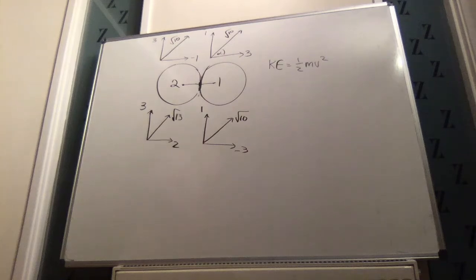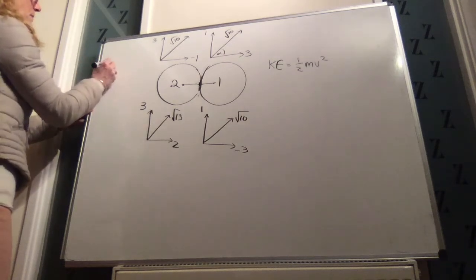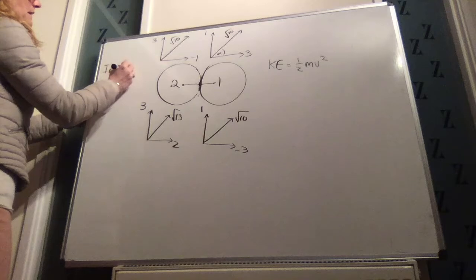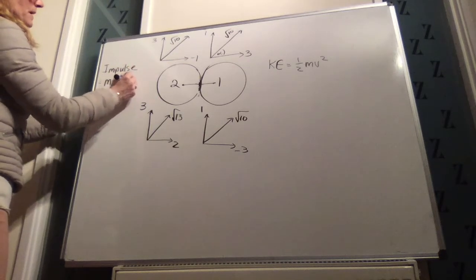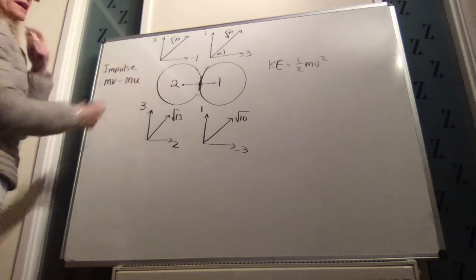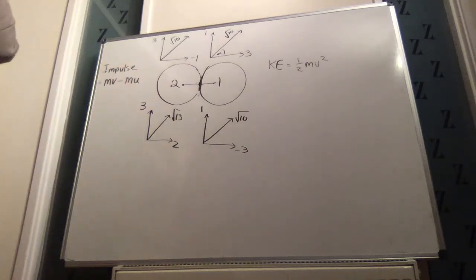The definition of the impulse is mv minus mu for a particular sphere. So mass times velocity after minus mass times velocity before.